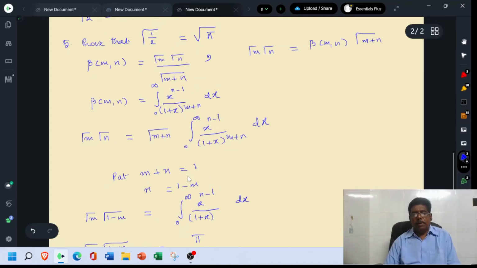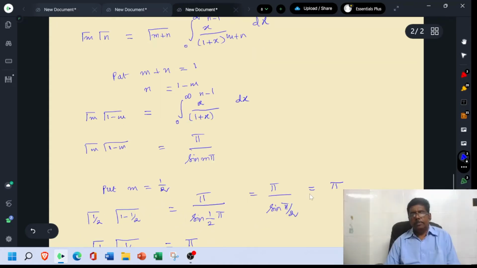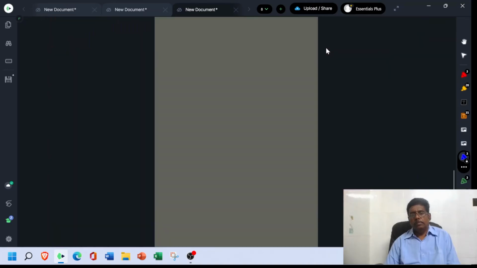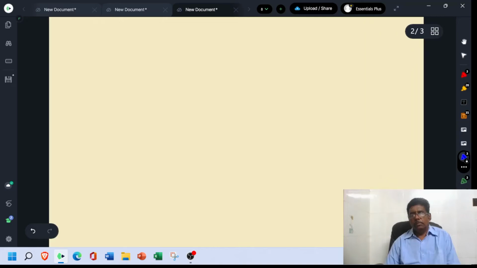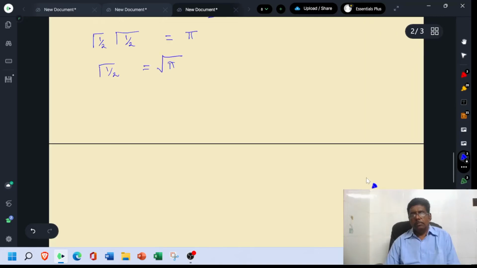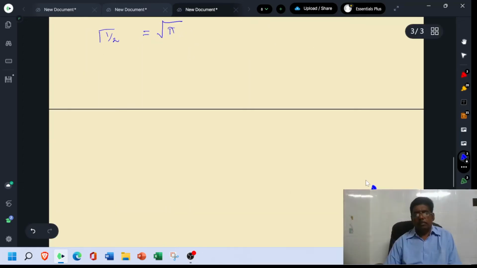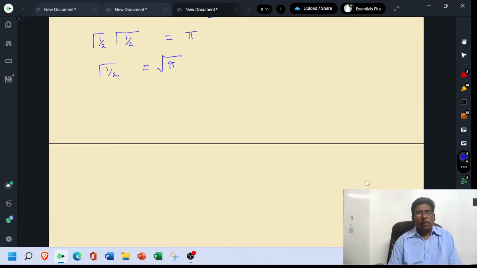Problem number 6. Prove that gamma of 3 by 2 is equal to root pi by 2.